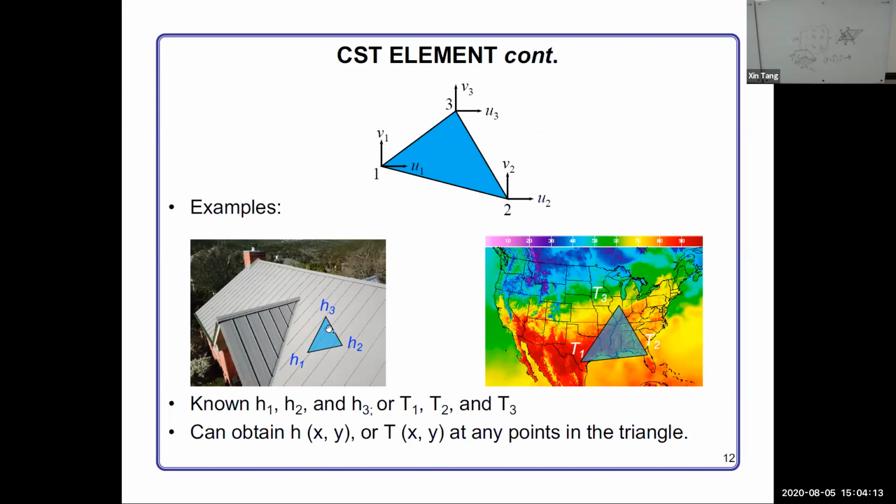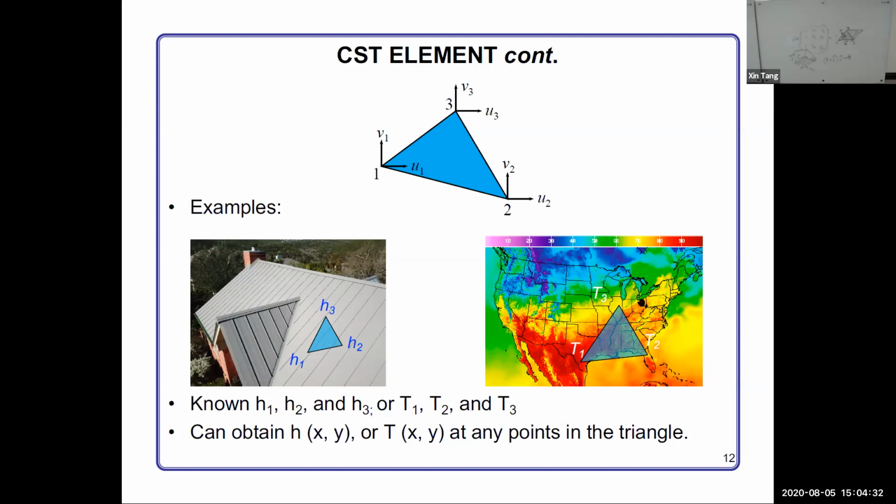Once this triangle overlaps the top of the roof, you can get every point correctly. As long as you know the coordinates of any point, you can get the height at that spot.